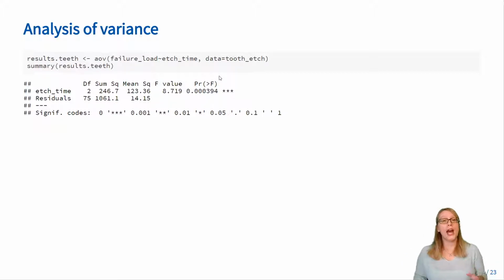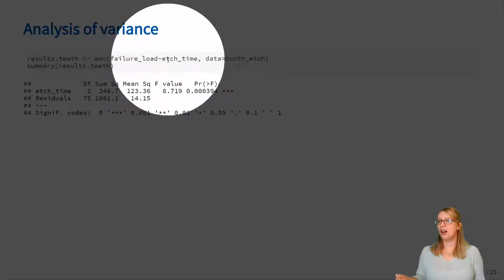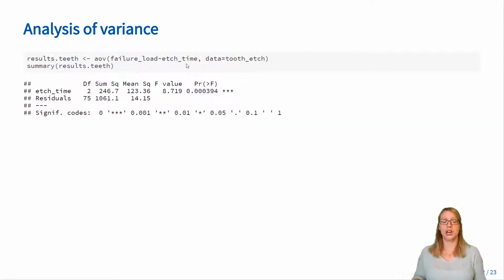So let's take a look at this model. In order to fit the ANOVA model, I'm again using the AOV function. In my data set, the failure load variable represents the failure load. The etching time tells us how long the teeth were etching. So here I've written that failure load depends on, or is a function of, etching time. The data set is called tooth etch. When I'm running multiple models, I like to make sure that they have different names.